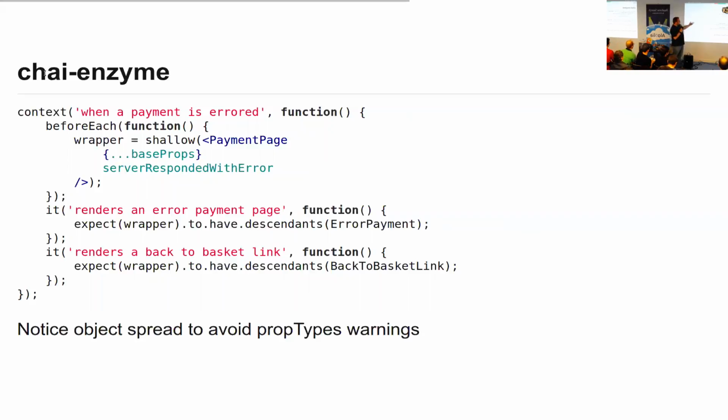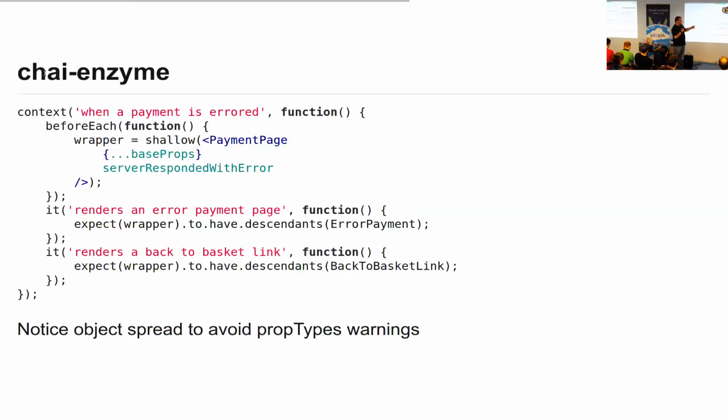One thing we saw when implementing this is that there was a ton of warnings in our test suite, because if you use prop types, you put isRequired and that kind of stuff. If you just render a payment page, server responded with error, then all the props that were required will throw a warning.